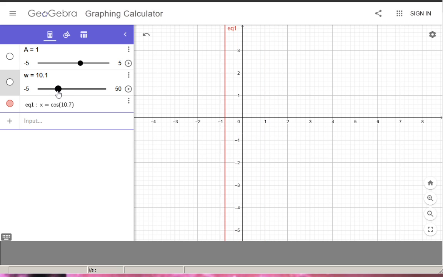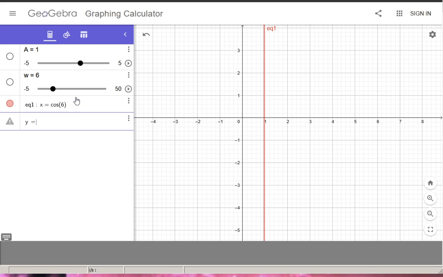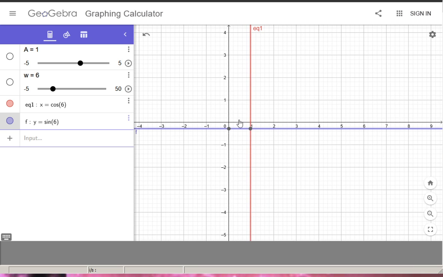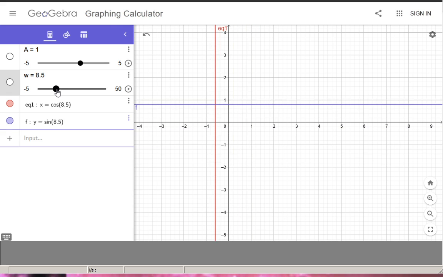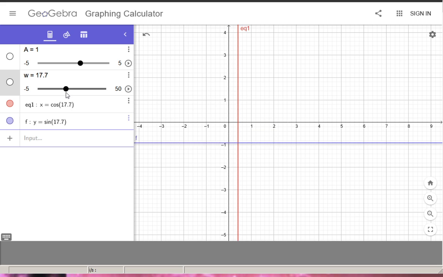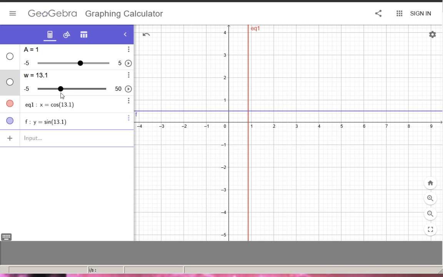Oh, it's plotting them both. y equals sine W. So the intersection of those two graphs is the circle.